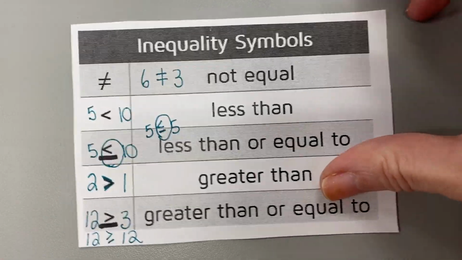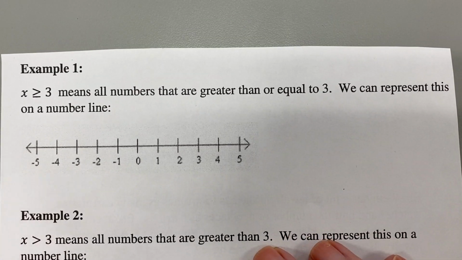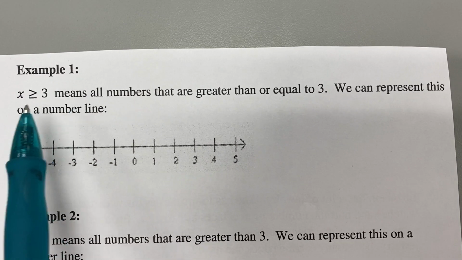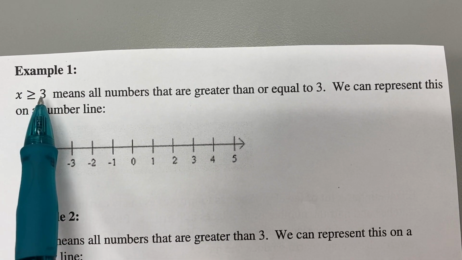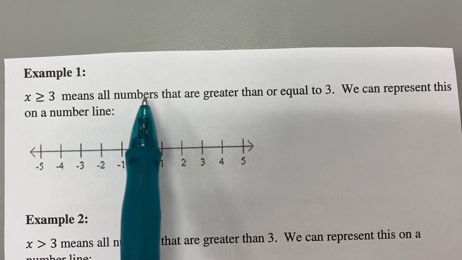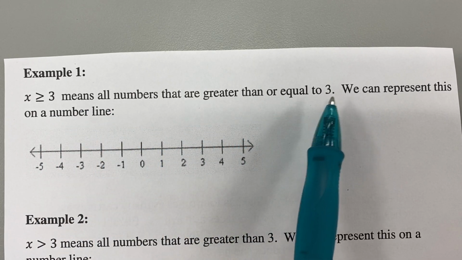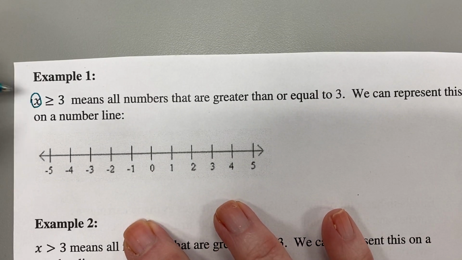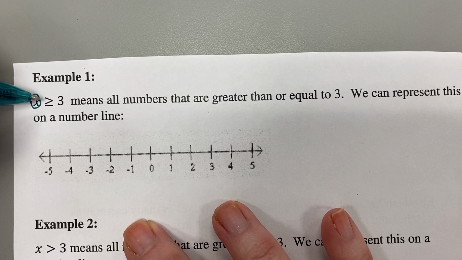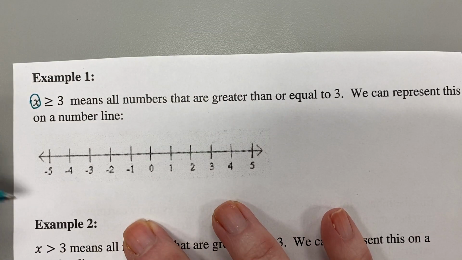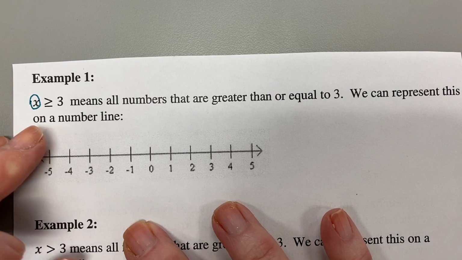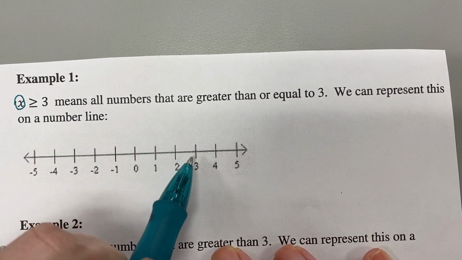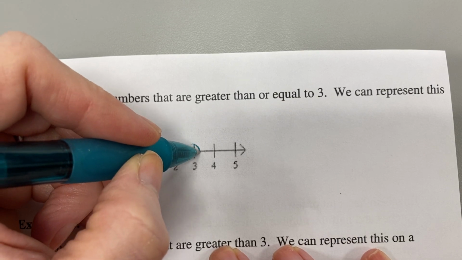Okay, let's take a look at how you graph some of these on number lines. So if you take a look at my example 1, it says x is greater than or equal to 3 means all numbers greater than or equal to 3. We can represent this on a number line. When you see an x here, x is just holding the place for all the numbers that are greater than or equal to 3. Well, where are the numbers greater than or equal to 3 on a number line? We're going to go to this 3 right here, and I'm going to put a circle right there.